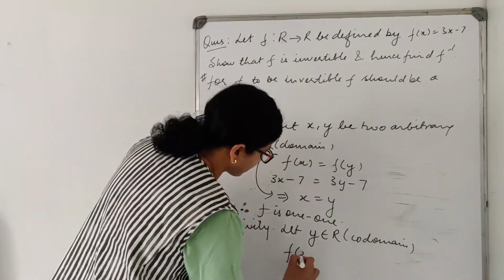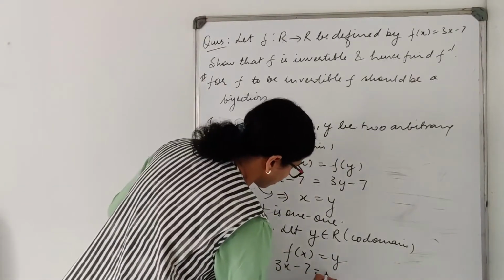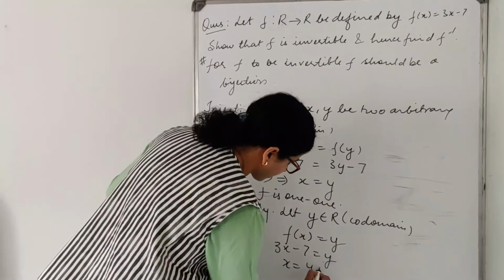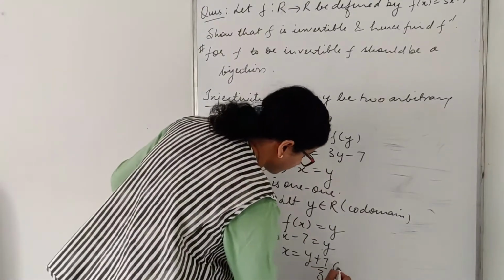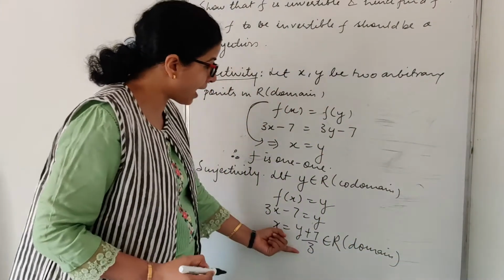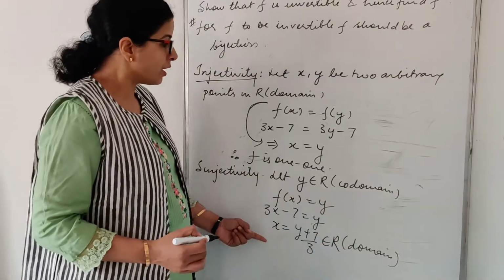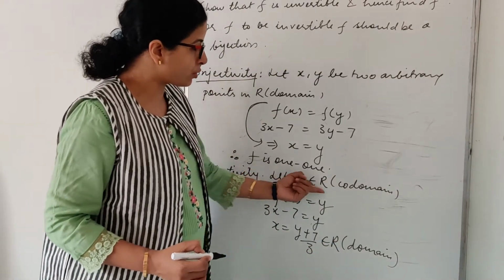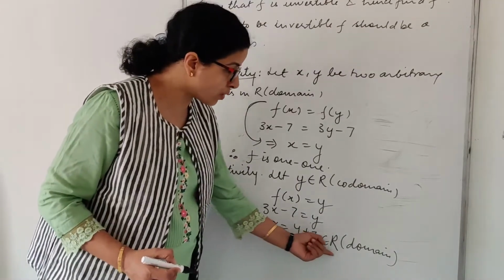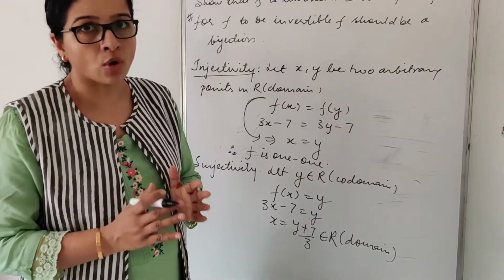So f(x) equals y, 3x - 7 equals y, and from here we'll find the value of x, which will belong to R in the domain, right? So for every y belonging to R in the codomain, I have an element (y + 7)/3 belonging to R in the domain. So it means my function is onto.